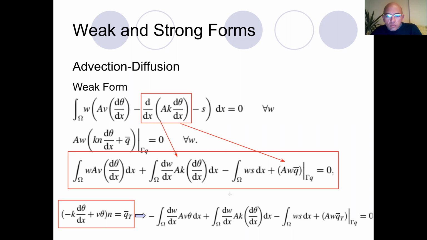So I can put Q bar as this expression. Here, instead of Q bar, I put this expression on the flux boundary. So I obtain the weak form. Again, W has to be 0 on the prescribed displacement.